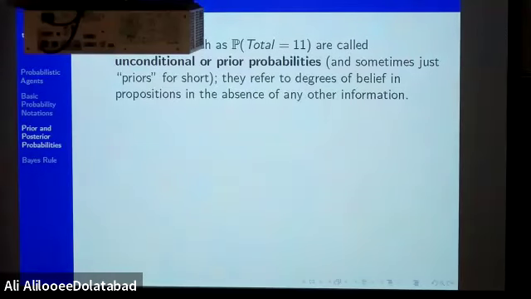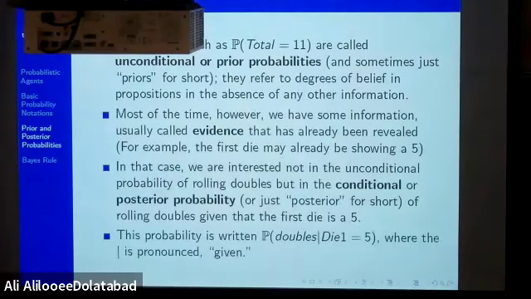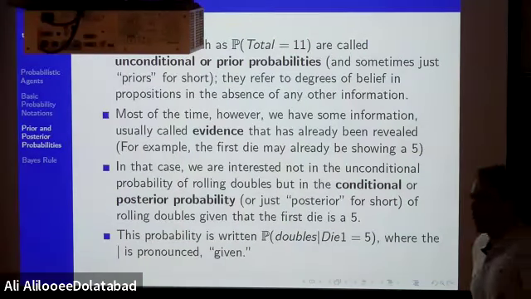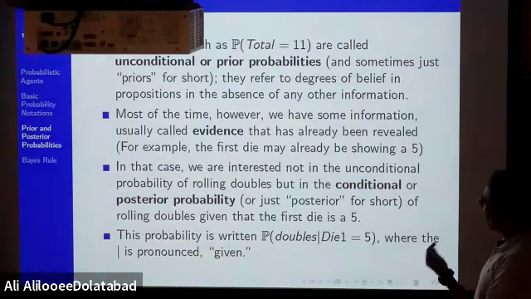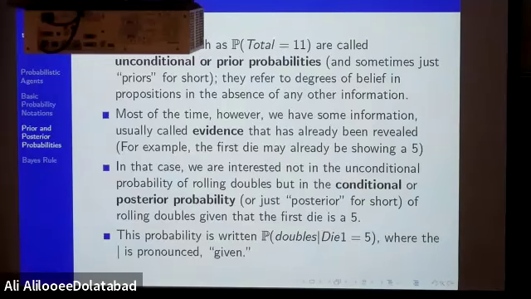What does conditional probability mean? For the conditional probability, you want to find the probability of an event by assuming another event already occurs. So in this case, we are interested not in the unconditional probability of rolling, for example, 2 dice, but in the conditional, or posterior, probability.